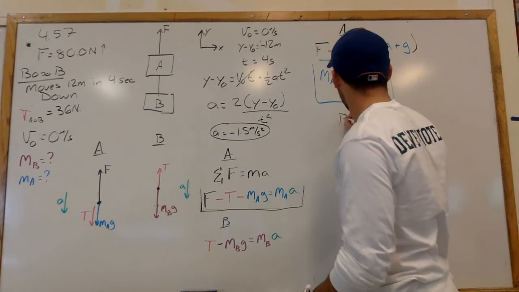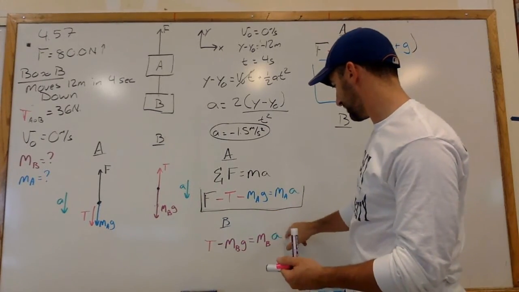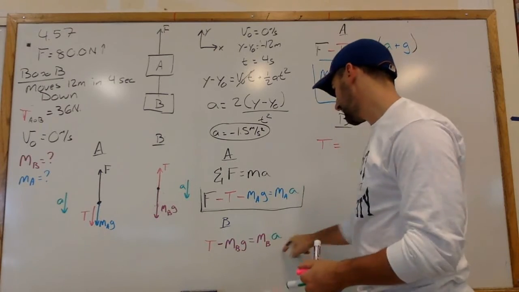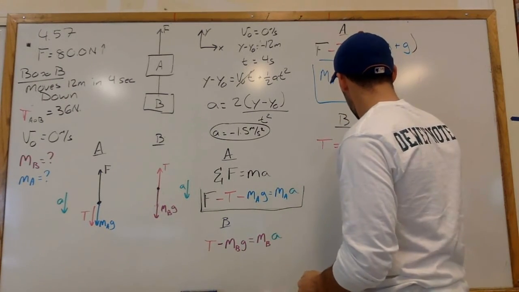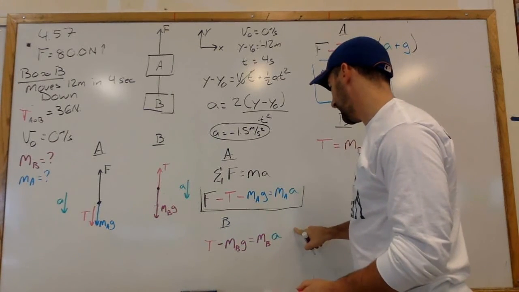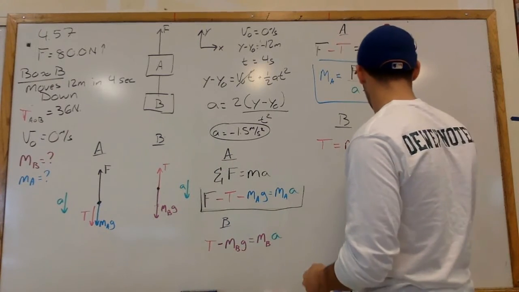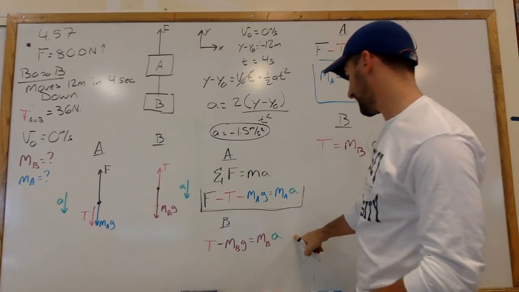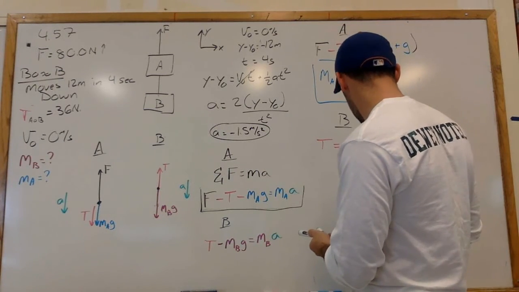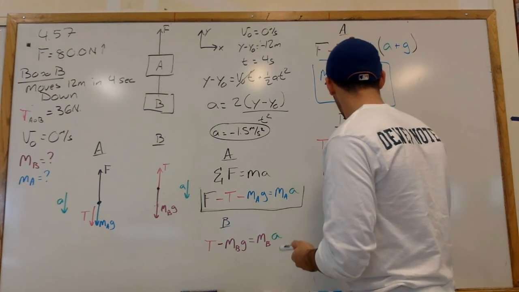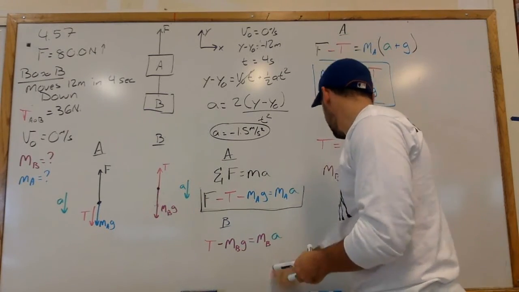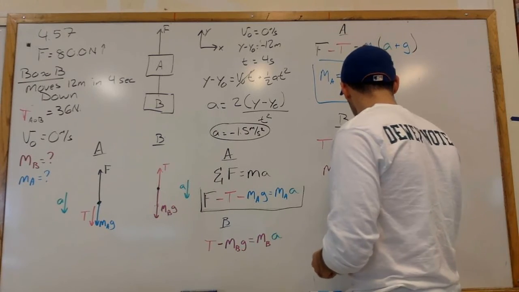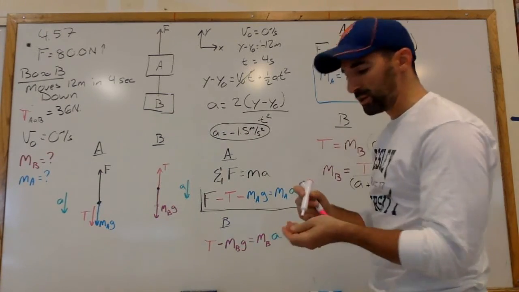For B, I've got tension equals MB times A plus G. I brought that to the other side, A plus G. So my mass of B should just be equal to the tension divided by A plus G. Those are my general expressions.